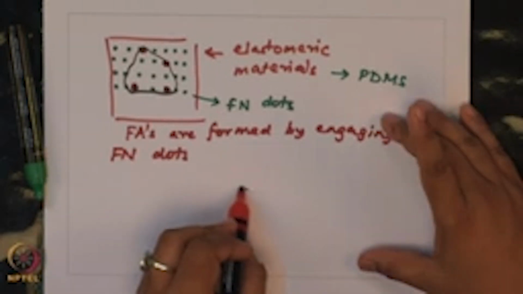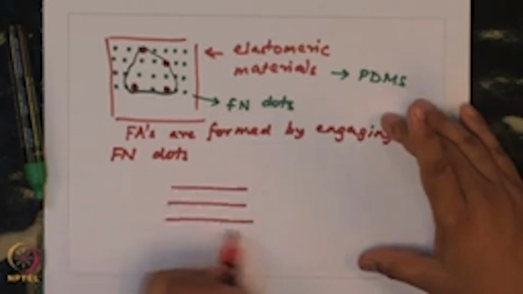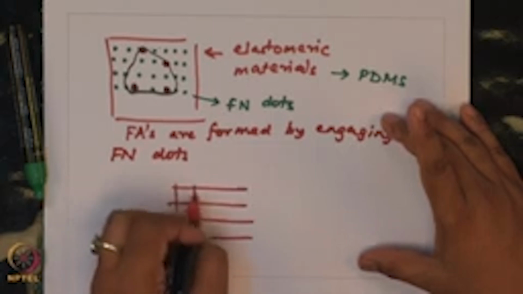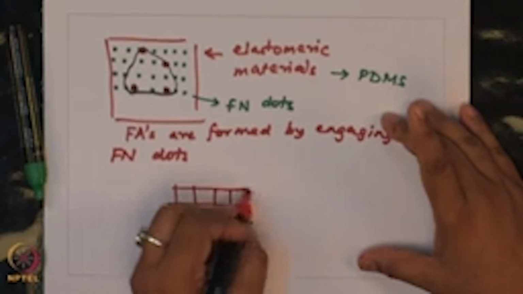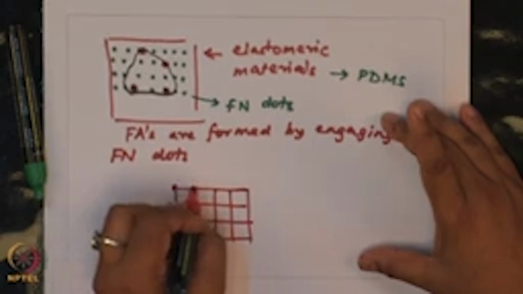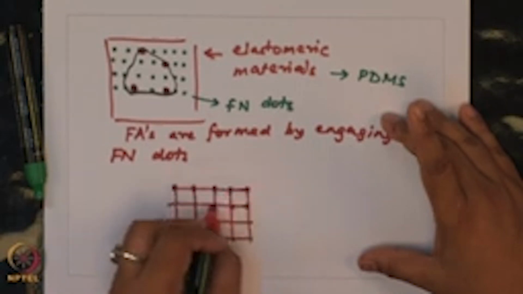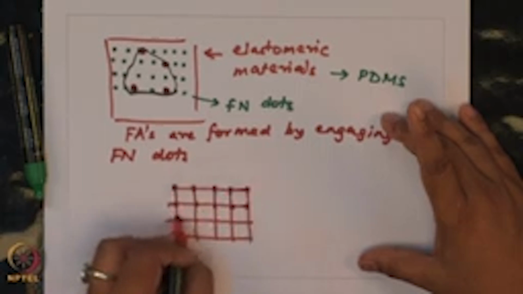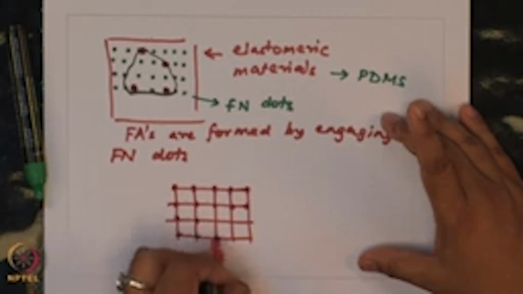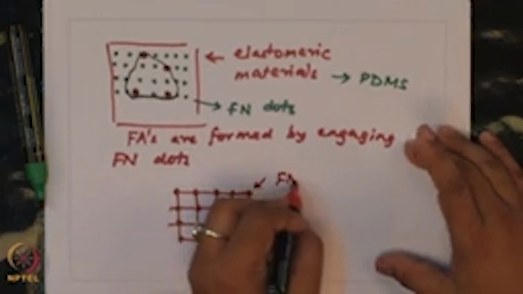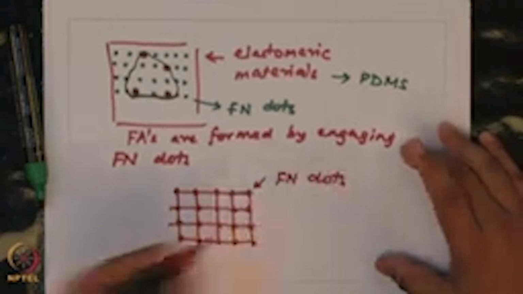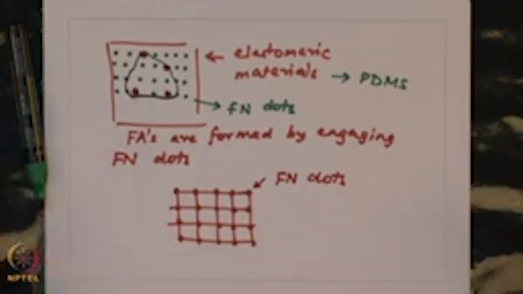Now, what does this setup allow? Imagine you have a grid of fibronectin dots, so at each of these corners you have a fibronectin dot, and you are tracking the position of these dots.